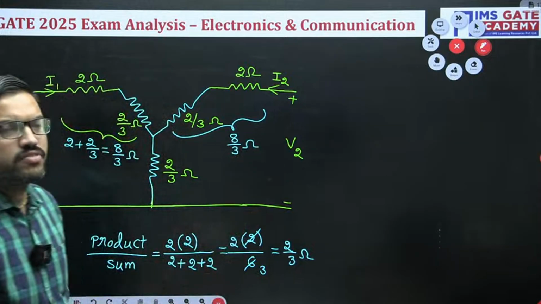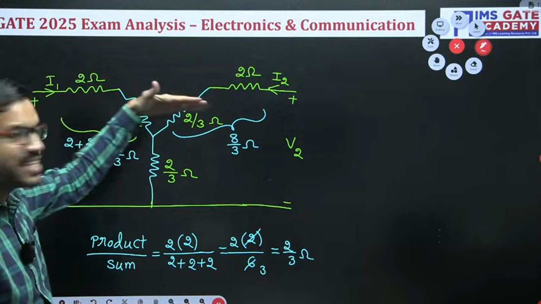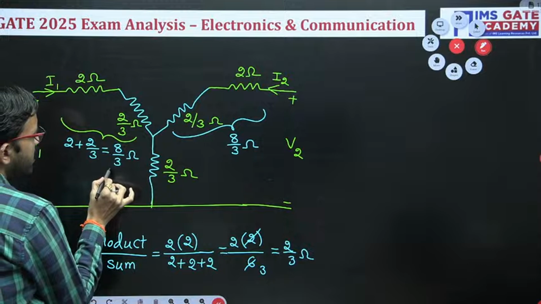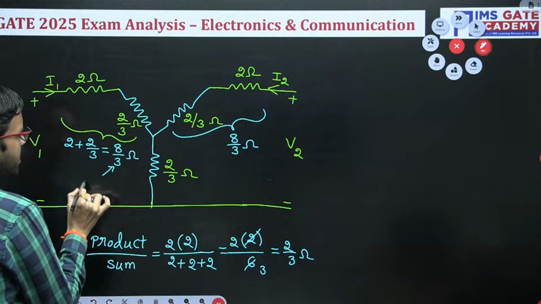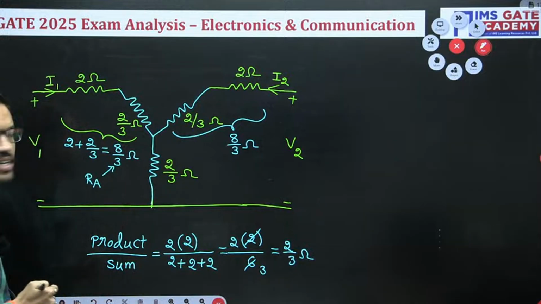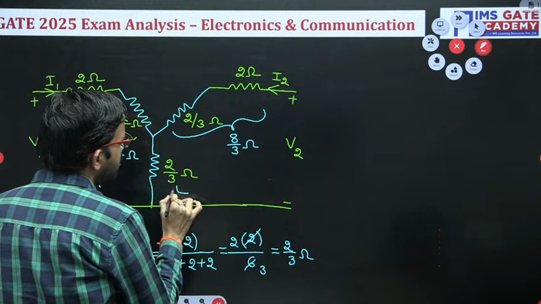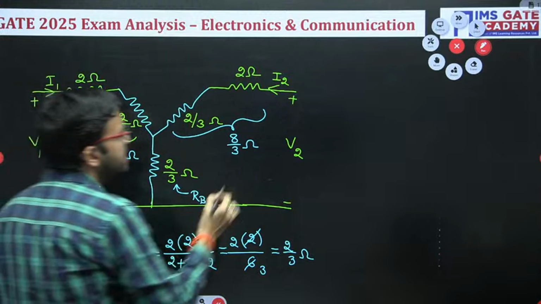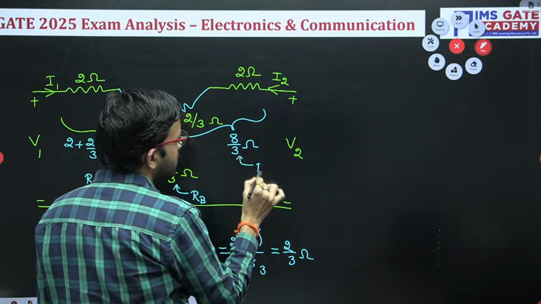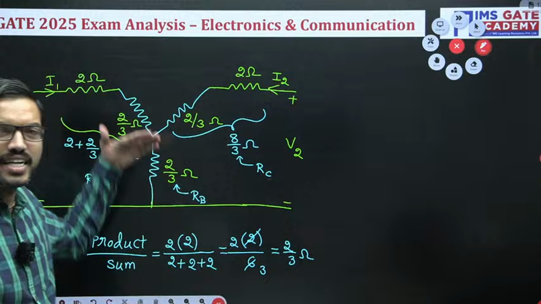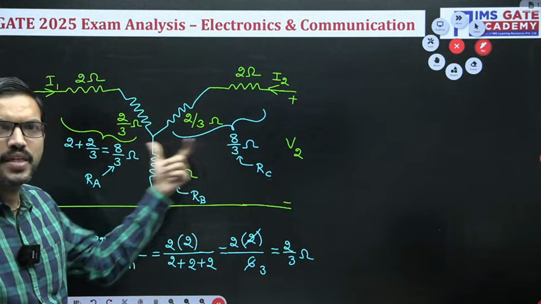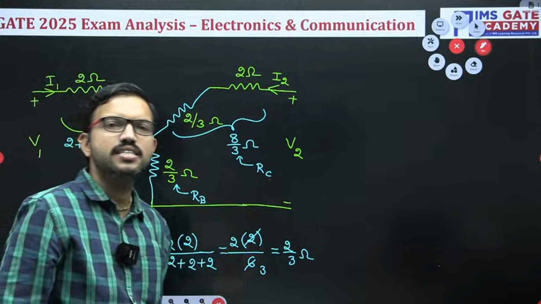Now you can observe that you have one T network. This branch, which has 8 by 3, for the time being I am labeling as RA. Here 2 by 3 I am labeling as RB, and this branch resistance I am labeling as RC. When we have a T network with resistances RA, RB and RC, you can get the Z parameters directly.